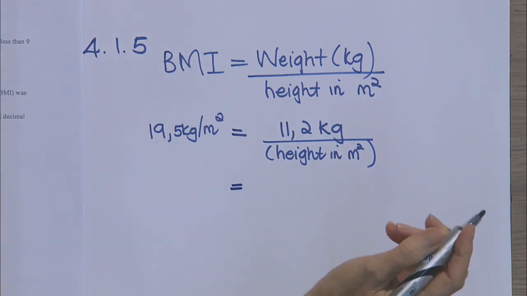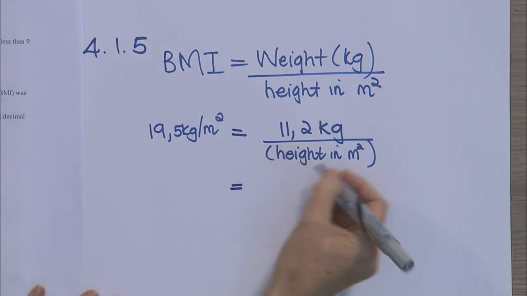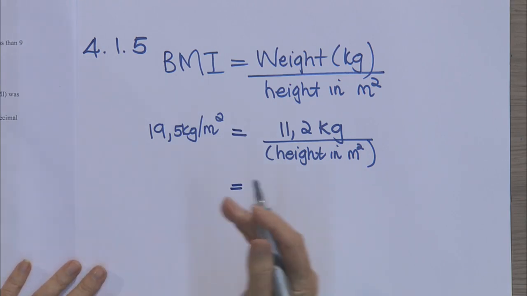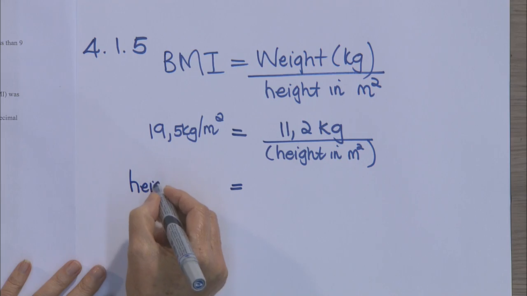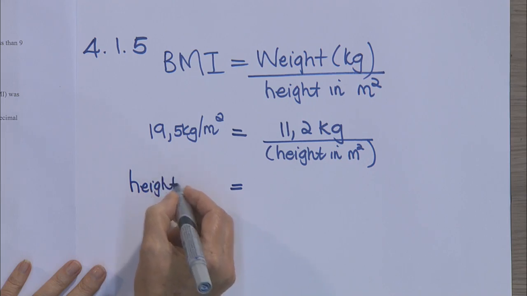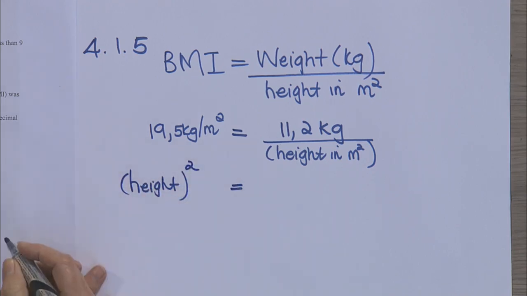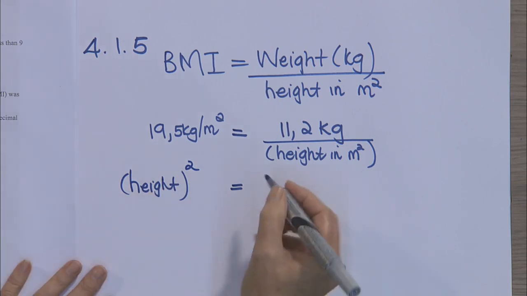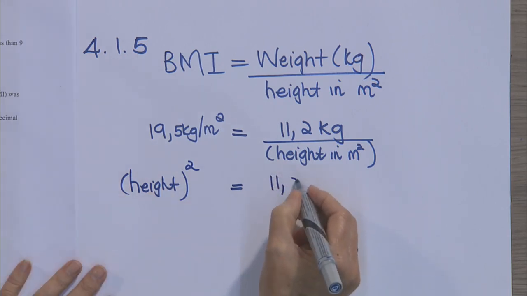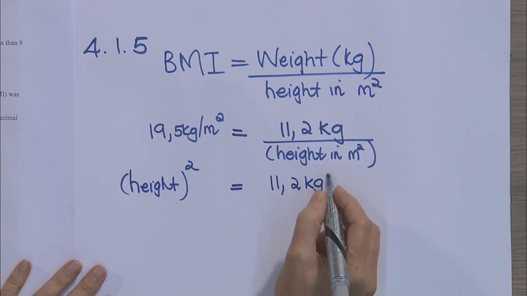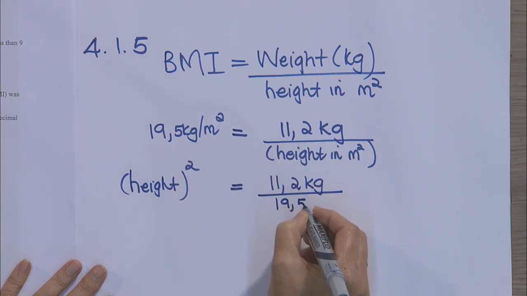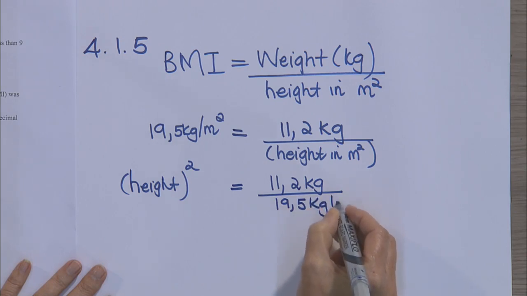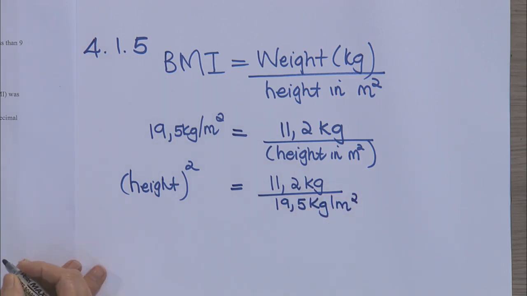So how do we do that? We are going to change the subject of the formula, because we want height. We are going to say 11.2 kilograms, we're going to divide it by 19.5 kilograms per meter squared.